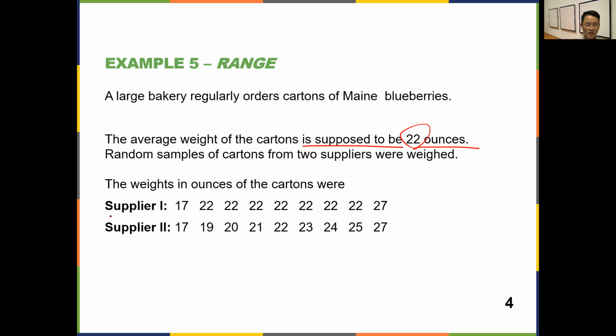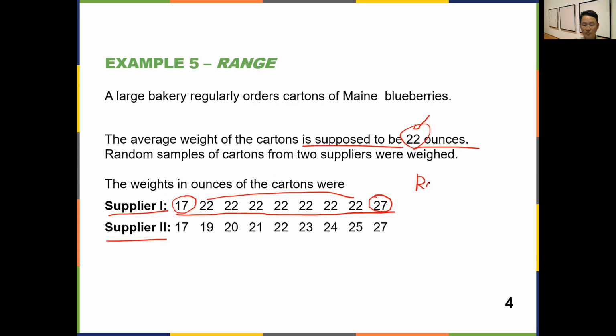Now, look at supplier 1 and look at supplier 2. Let's look at supplier 1 first. Look at all these numbers. They are mainly 22, which is what you're supposed to get, and you get one 17 ounce and one 27 ounce.